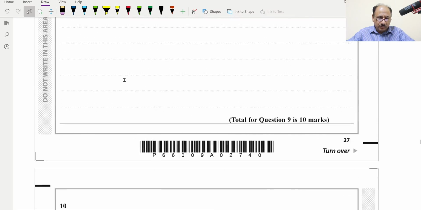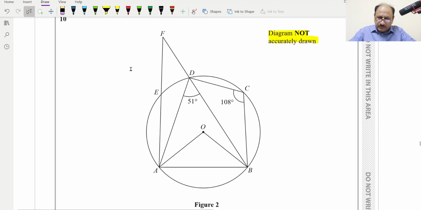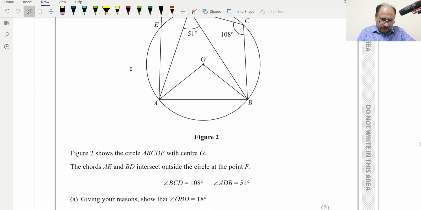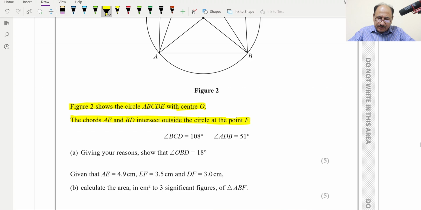Now we'll be moving to question number 10, and this is question number 10, which is basically a diagram provided which is not to scale, and this is the circle. Figure 2 shows the circle ABCDE with center O, and the chords AE and BD intersect outside the circle at point F. So this is point F where these chords are intersecting.